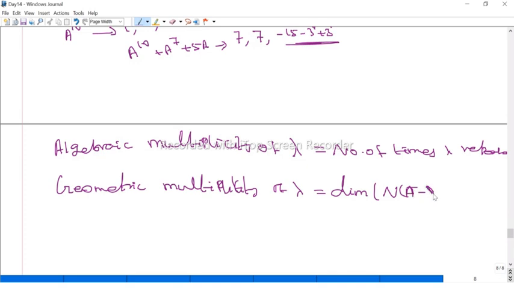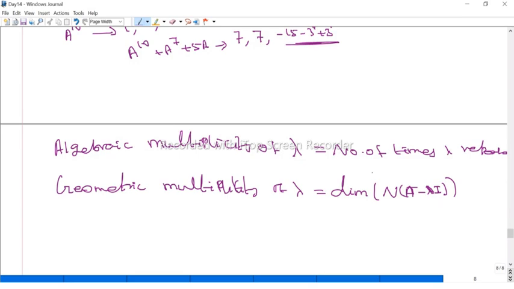So the dimension of the null space of A minus lambda I, we define as the geometric multiplicity of one particular eigenvalue. So for any eigenvalue, we can talk about two multiplicities. One is algebraic multiplicity, another one is geometric multiplicity.